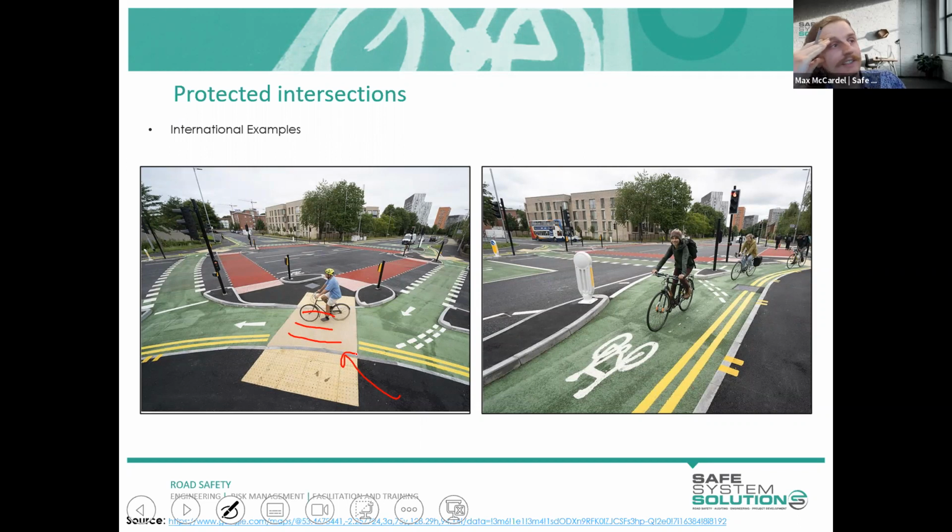I've done a lot of talking there, Kathy, so I might open up our first poll of the day and just gauge how our participants are understanding our protected bicycle lane. The poll should have popped up on everyone's screen.